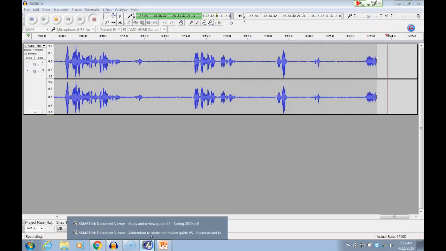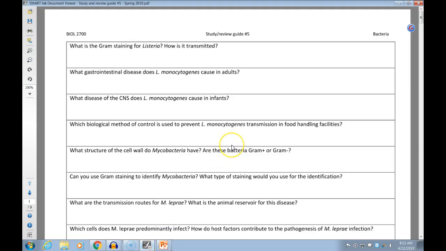So now let's talk about the actual study guide. I organized it in a way that first you have a bunch of gram-positives, and next you have a bunch of gram-negatives. So focus, please, on the transmission, and I will clarify it. It's gram-positive transmission with the food, poultry, eggs, milk, GI disease, gastroenteritis.